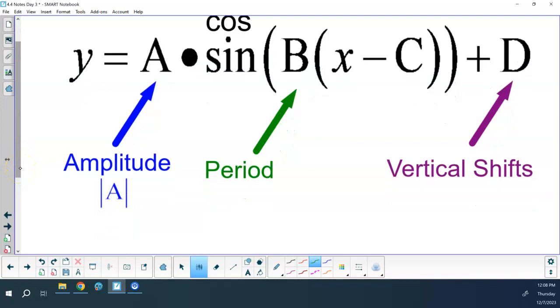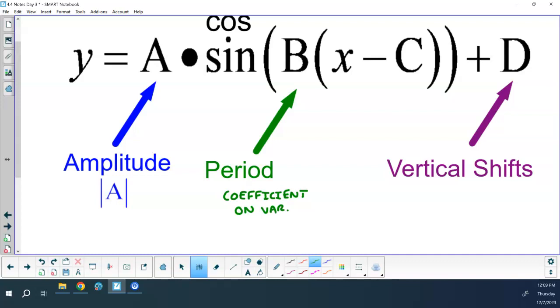Now the period, remember from yesterday, was the horizontal distance that it takes to make one wave. It will be the coefficient on the variable. I don't want to say x.